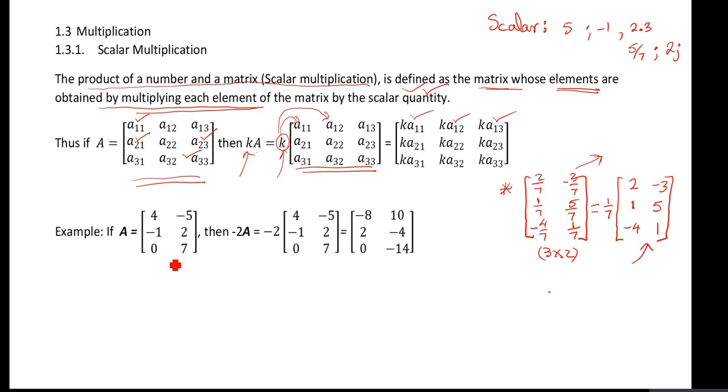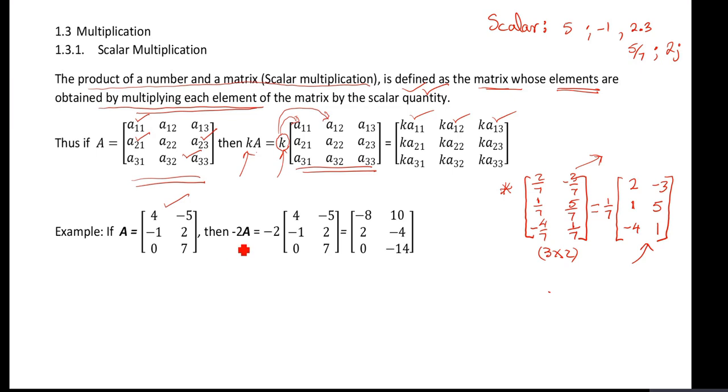Example I have here, very straightforward. If A is equal to the matrix 4, minus 5, minus 1, 2, 0, 7, and it just depends on how you want to say it. You could call the rows out first, or you could call the columns out. It doesn't matter. The first column 4, minus 1, 0, second column minus 5, 2, 7.